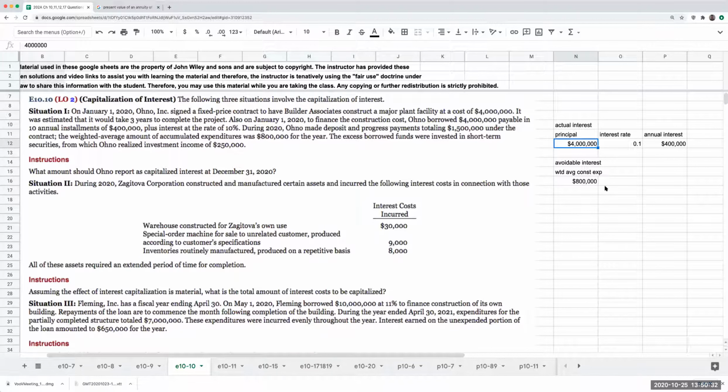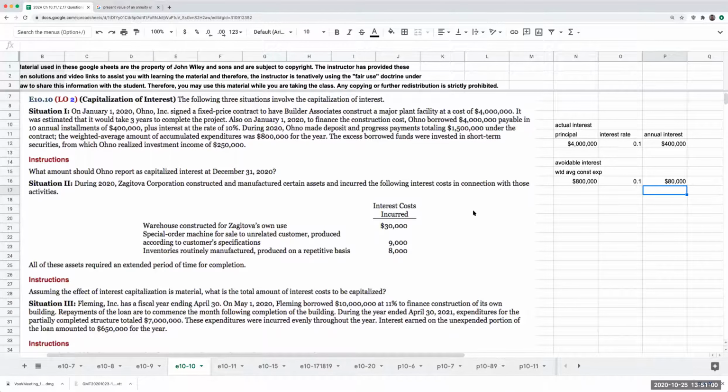And since this is construction specific debt, I'm going to go ahead and use this amount. So the amount of my avoidable interest is going to be $80,000. This 80,000 is going to be the amount I'm going to report as capitalized interest, meaning that I'm going to add it on to the cost of the asset.